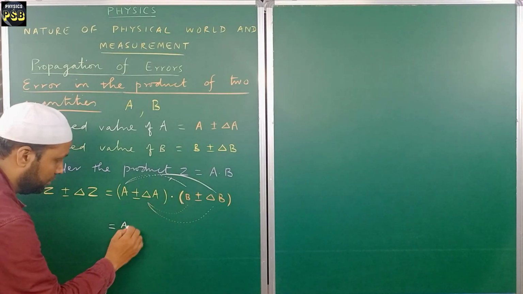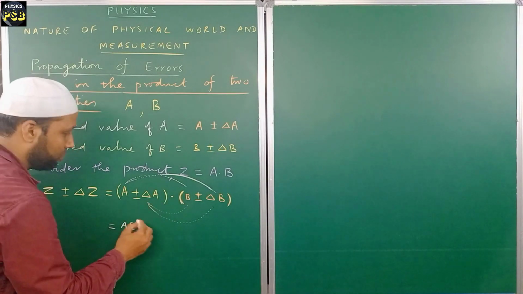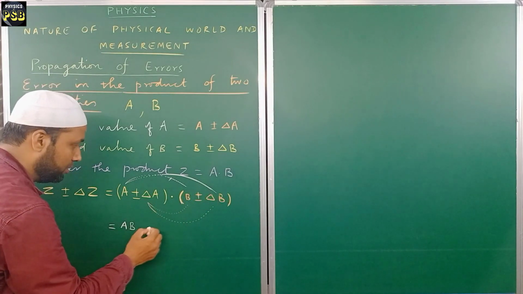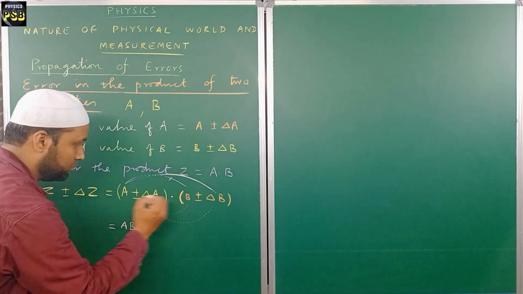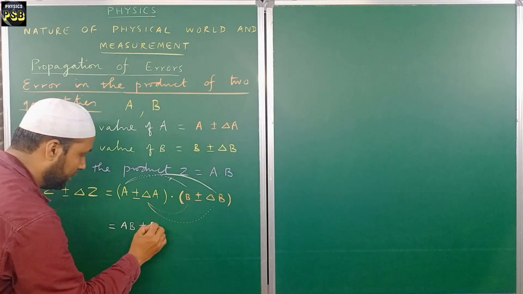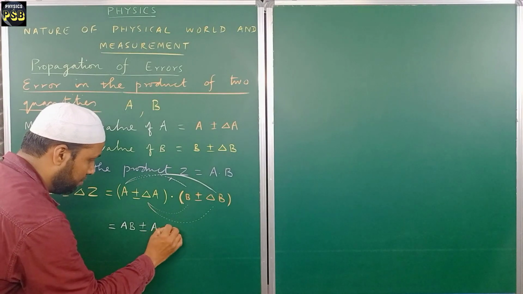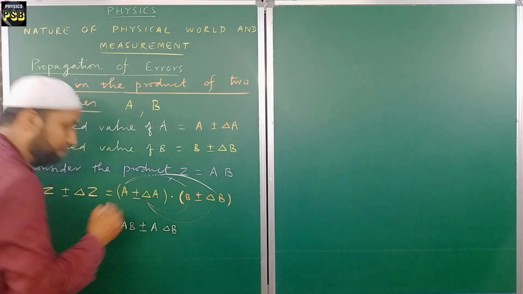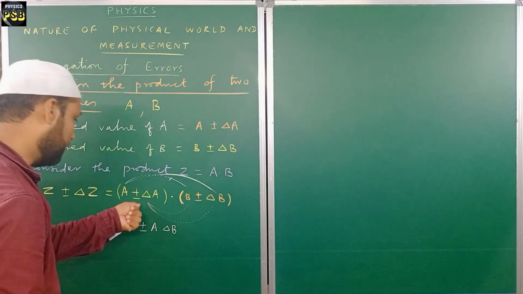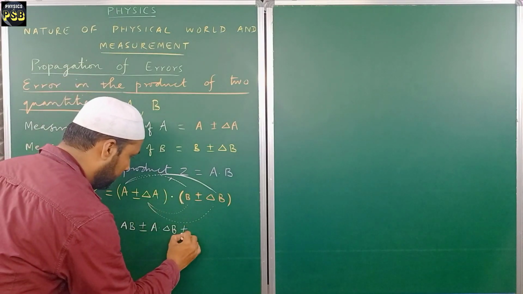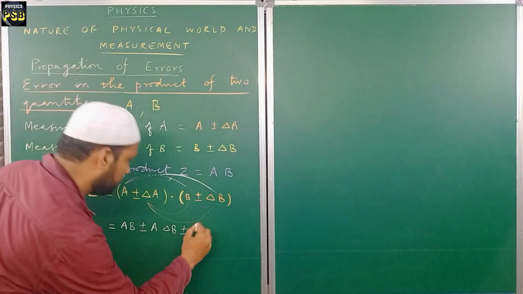A multiplied with B, AB, then A is multiplied with the delta B. So here I have plus or minus, so I will get plus or minus A multiplied with the delta B. Okay, then delta A is multiplied with the B, so I get plus or minus.